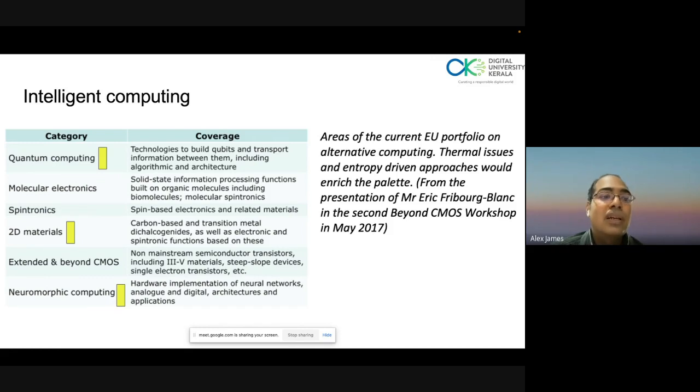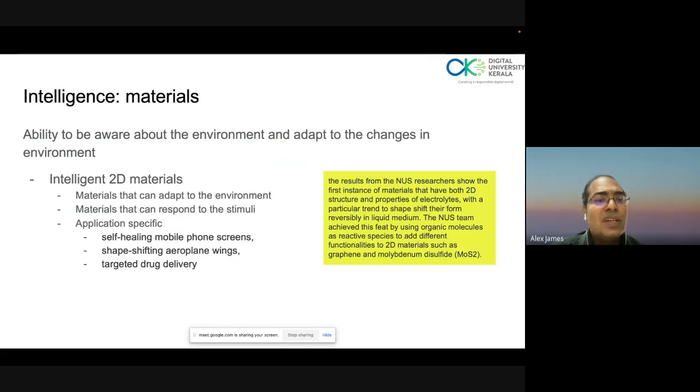Alternatively, you can also look at combining this with technologies such as quantum computing to improve or speed up the learning and other things, which is typically required for large-scale intelligent computing. There are also other approaches to make sense of the world around us. A good part of intelligent computing itself is being aware of the environment in which it needs to operate, which a processing unit alone will not be able to take care of.